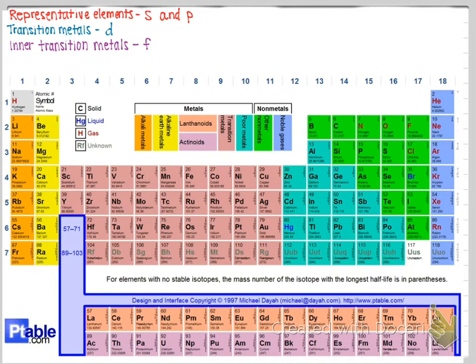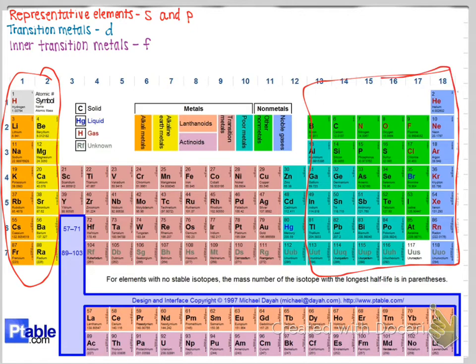Okay, so those are the special group or family names. There's also a way that we can divide the periodic table into 3 sections. So the 3 sections are representative elements, transition metals, and intertransition metals. Our representative elements are the S and P block elements. So all of these, those are considered representative elements.